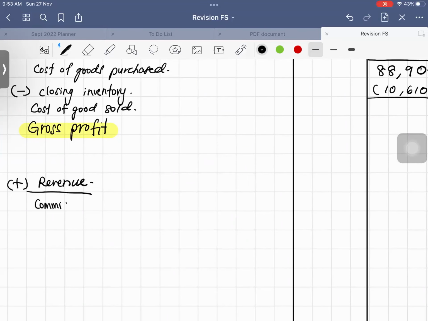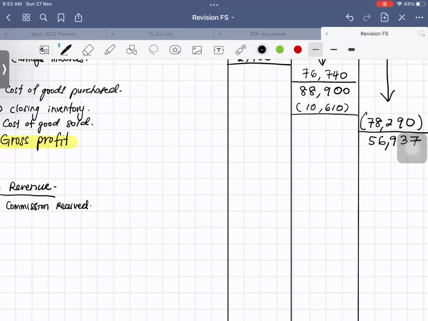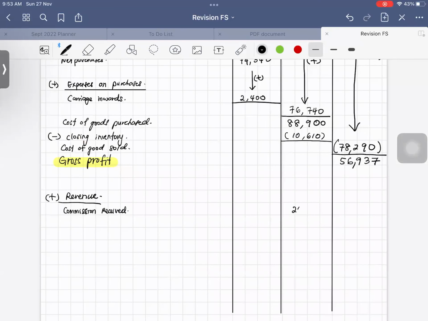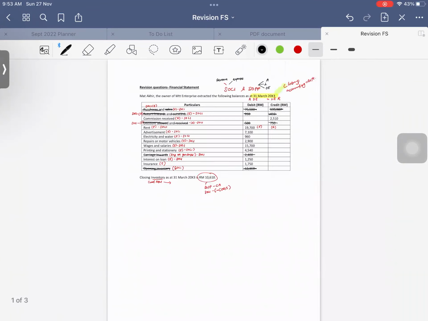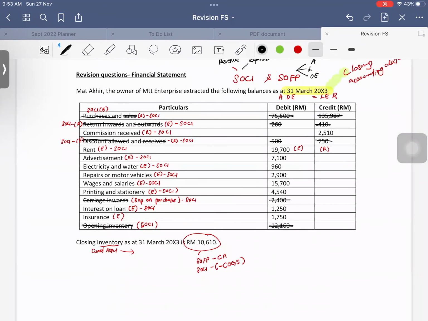Commission received 2510. Okay. Once you dah transfer, you crosskan ni, means dah tak letak dekat mana-mana statement lagi.